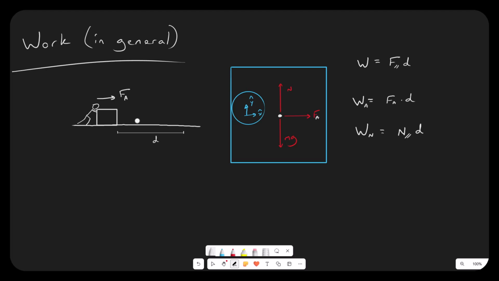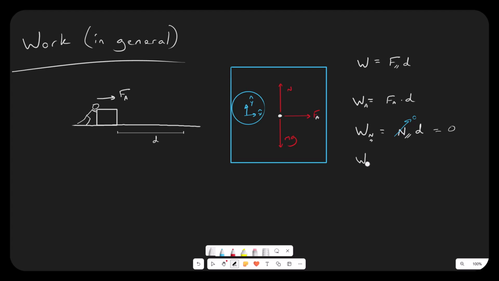At any point I'm moving directly to the right, my normal force is directly upward. Those are perpendicular. There is no parallel component. Even though I have this non-conservative force acting the entire way, the work that it does is zero because it's perpendicular. And it has to be perpendicular because that's what normal even means.